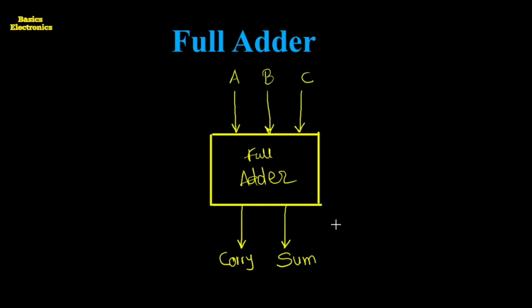In short, we can write the outputs as sum S and carry C. When a number of full adders are there, the outputs can be considered as sum S0, carry C0, or sum S1, carry C1. So depending on the logic circuit or where you are going to use this full adder, you can change the output names.